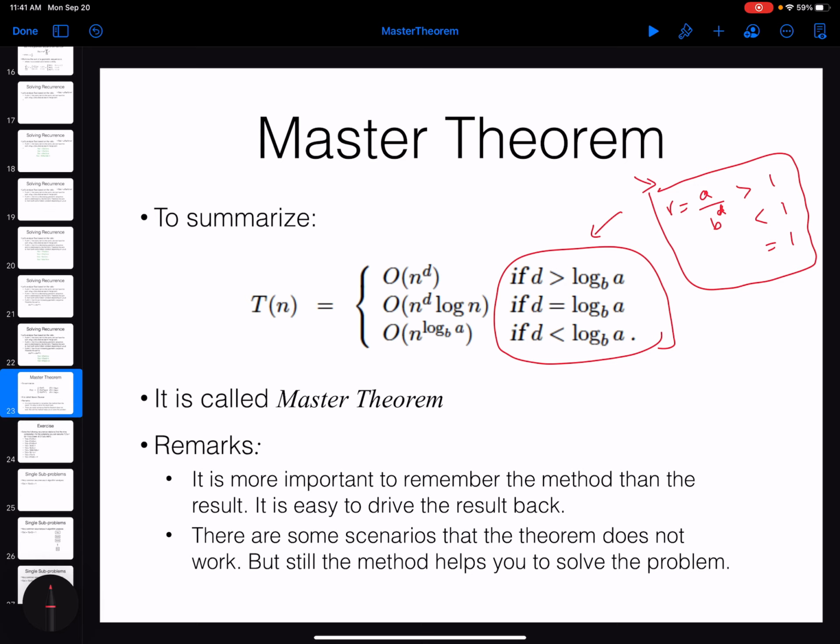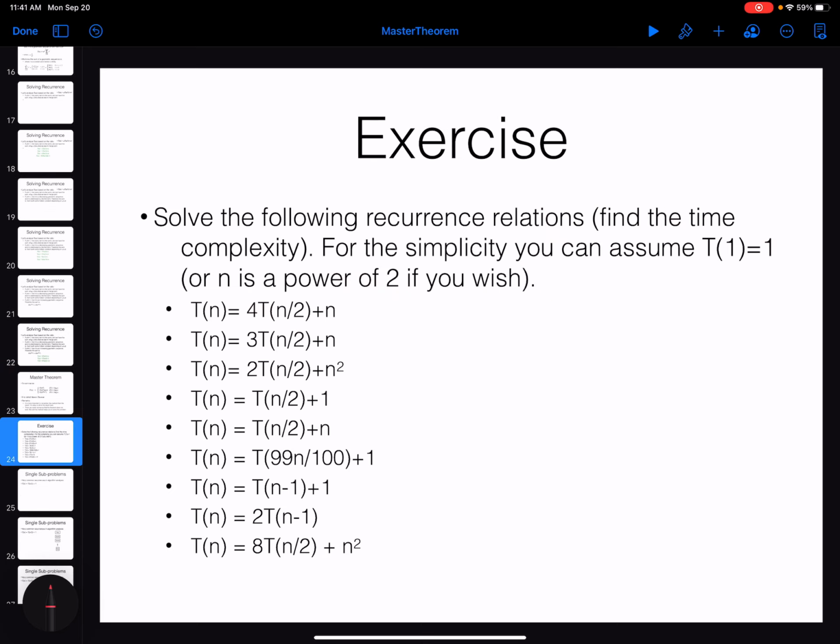Okay, so using the master theorem, you can solve many of these examples that I have written here, although for some of them the master theorem cannot be applied. For example, these two cannot be solved using the master theorem. Yet you can solve problems like this using the substitution method, or using the recursion tree.